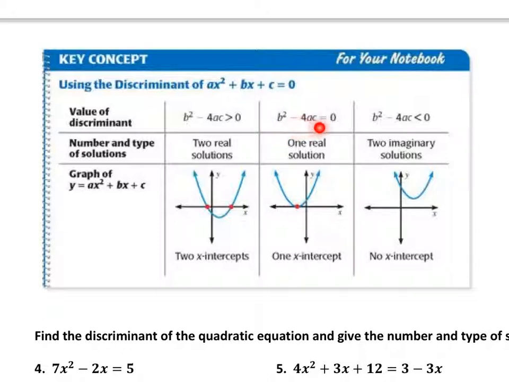If b squared minus 4ac equals 0, it means 1 real. If b squared minus 4ac is less than 0, it means no real, 2 imaginary. Okay? See how this has the intercepts crossing twice, once, and it's above? That's what happens. Let's look at some problems with these.